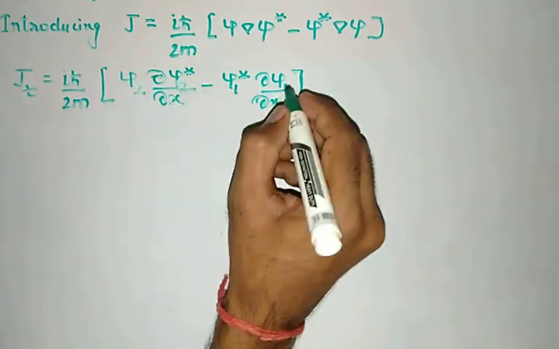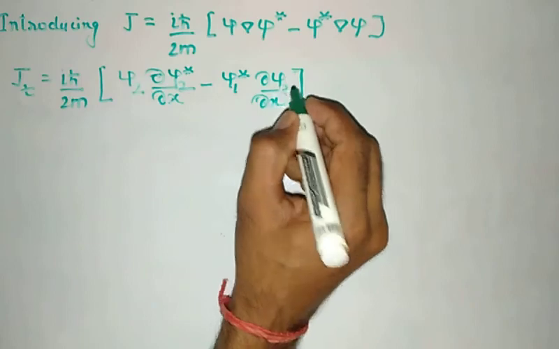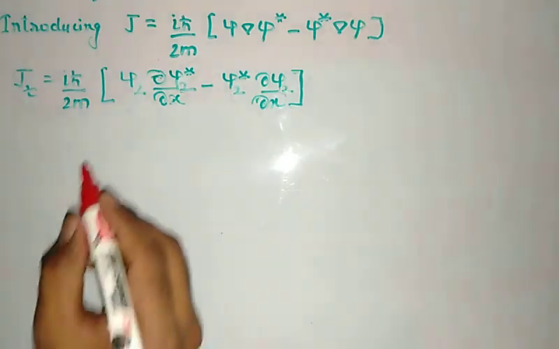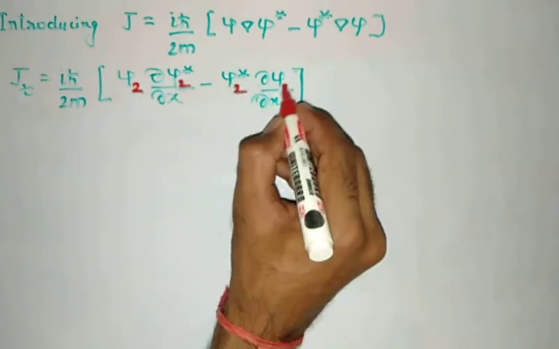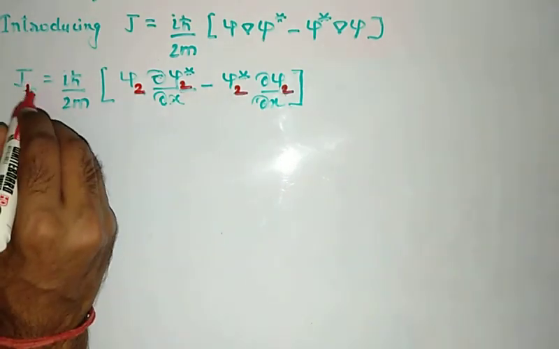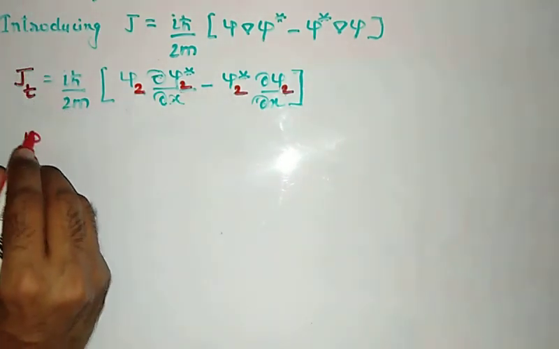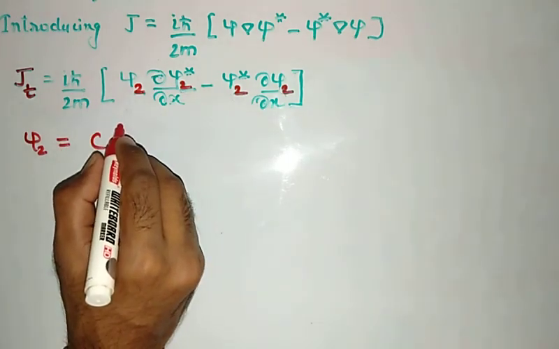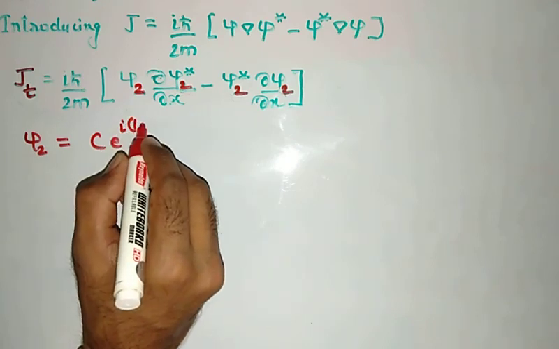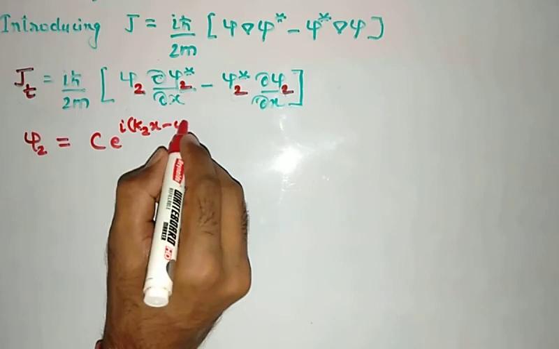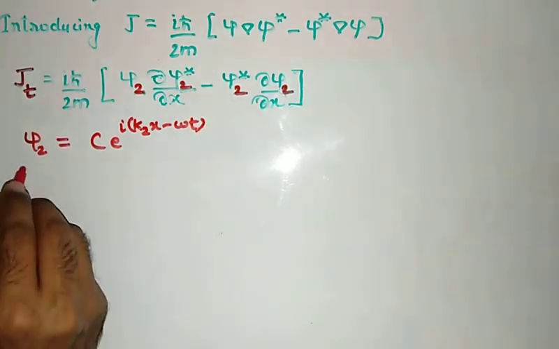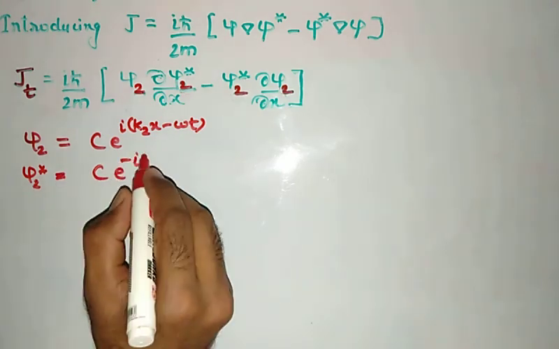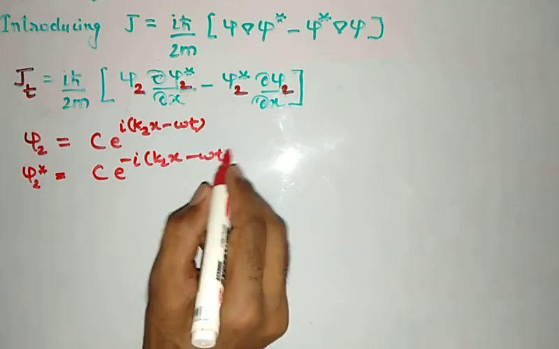So for JT we will use psi 2, c e to the power I k2x minus omega t, and psi 2 star, c star e to the power minus I k2x minus omega t.